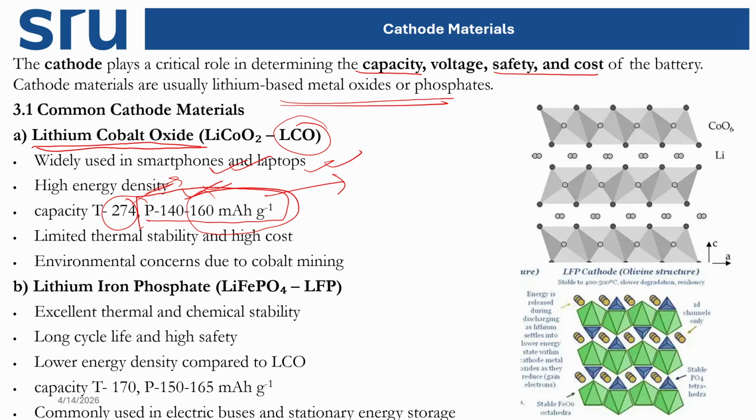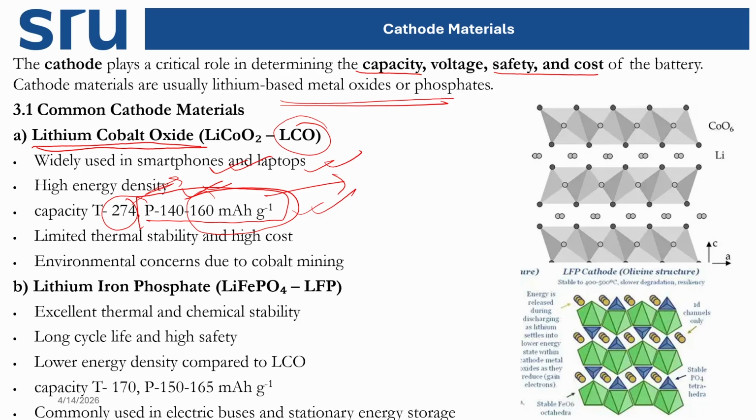Theoretically we can receive 274, but we do not achieve that when we do the experimental work. So we receive a maximum of 160 milliampere hour per gram.